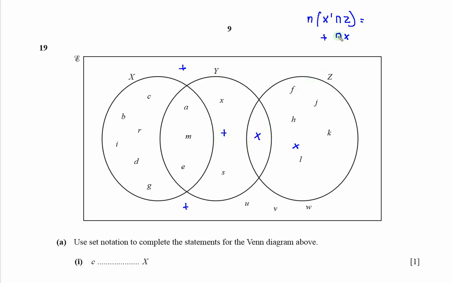Because intersection means you must find the area where you have both. You don't have that. So therefore there's no element. n means how many elements. So you can see there's no element, so the answer will be 0.